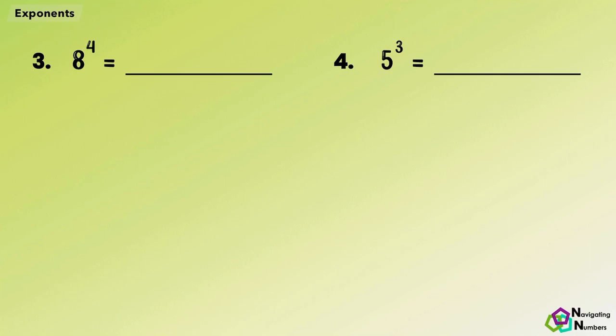Number 3, 8 to the power of 4. That means that I should see the base 8 4 times. So we have 8 times 8 times 8 times 8. So let me break it down. We have 8 times 8. That's 64.